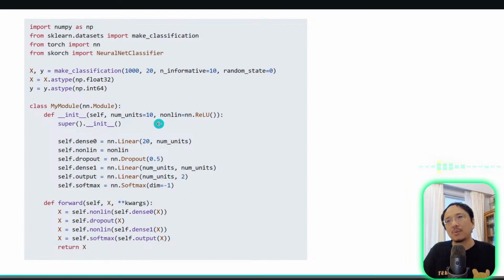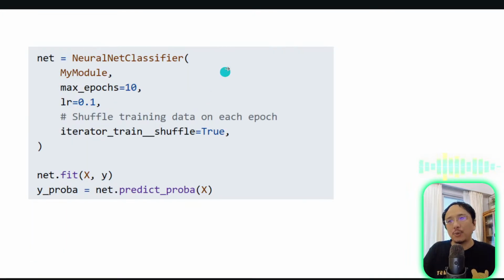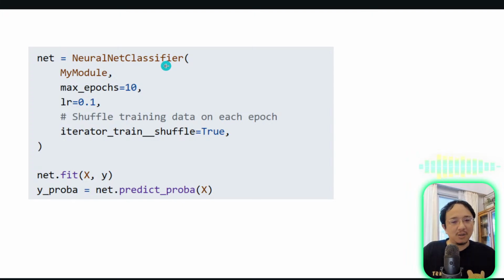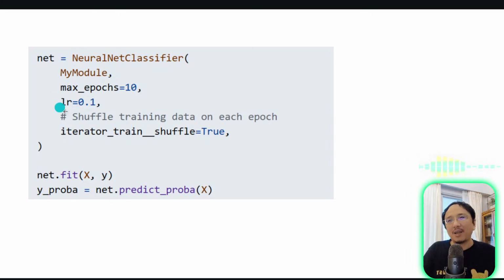This is just a PyTorch model. And you wrap these models inside a neural net classifier. It also has a regressor as well. And it will work like a scikit-learn classifier, so it can fit, predict probability, or predict, all of these things.